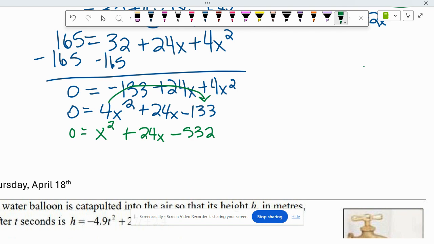So what am I looking for? Two numbers that multiply to negative 532, and they add to positive 24. Everyone pick up their calculator, go to y equals. Y equals negative 532 divided by x.